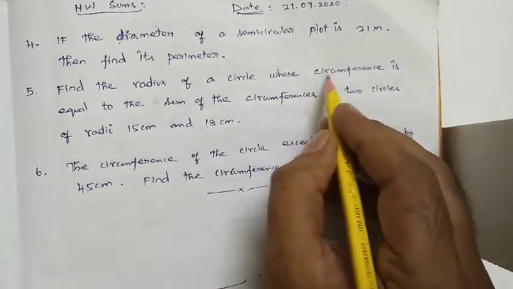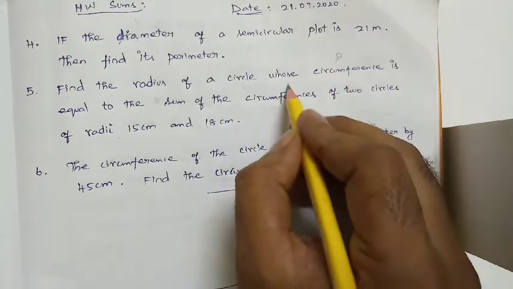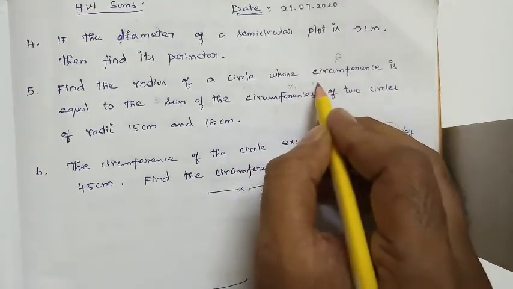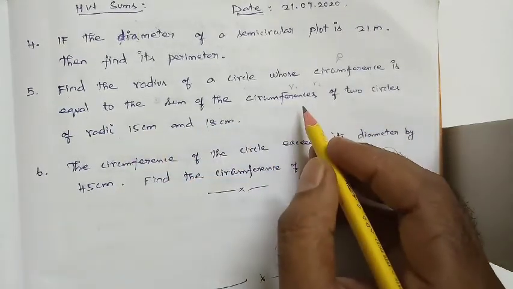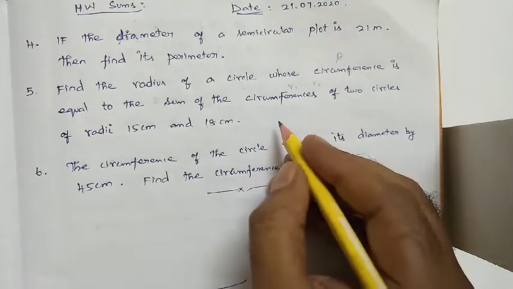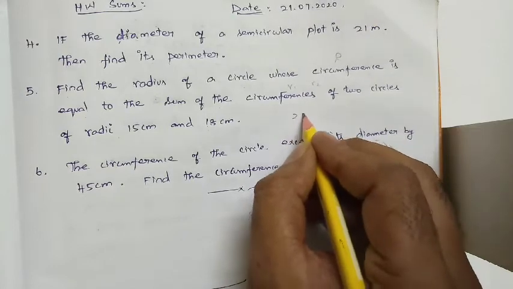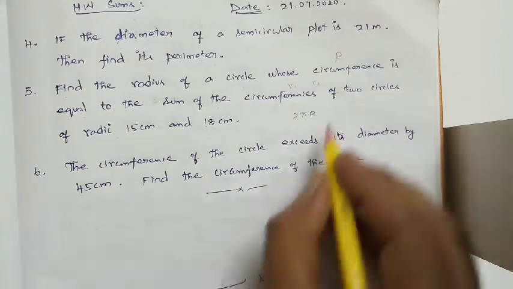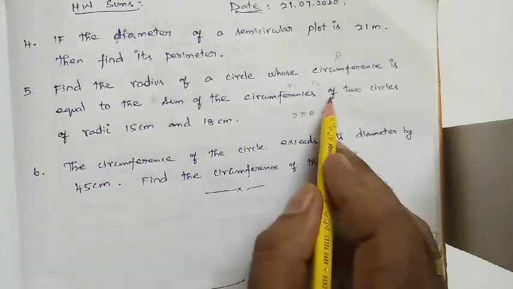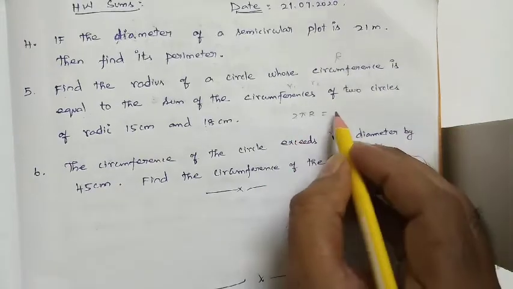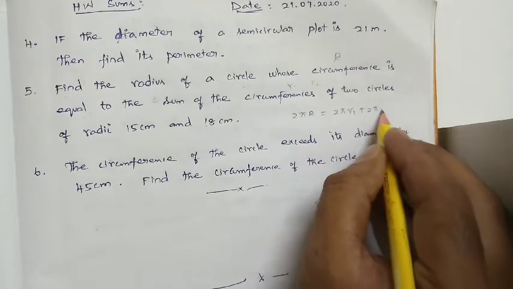Suppose I am taking the radius of the circle as capital R, and these are R1 and R2, the radius 1 and radius 2. The condition is that the circumference of the circle, 2 pi capital R, is equal to the sum of the circumferences of the two circles, 2 pi small r1 plus 2 pi small r2.